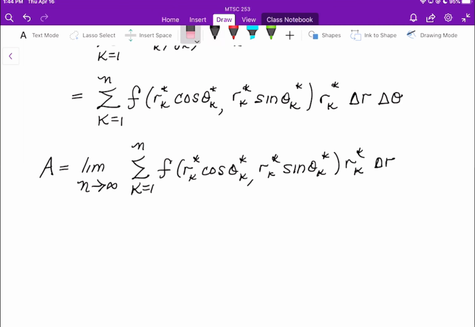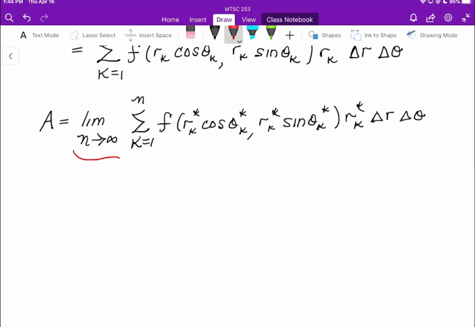And we all know what happens to this. Now we have two things. We have delta r and delta theta, so that lets me know I have a double integral.